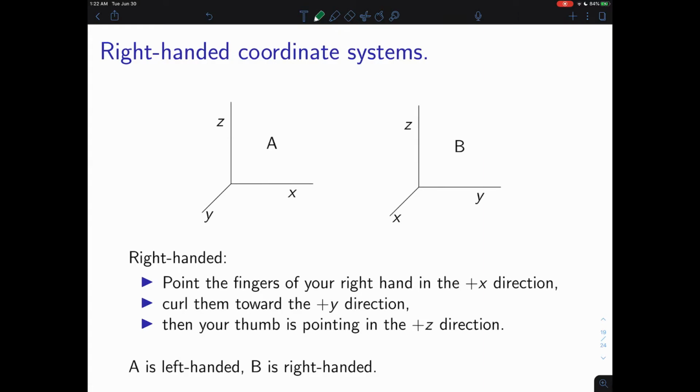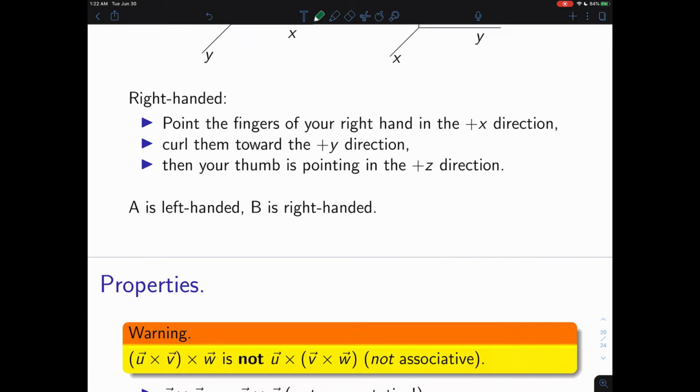If you try that with B, my thumb is pointing up. If I tried that with A, I'd have my fingers pointing in the X direction, curl them to the Y direction, and my thumb would be pointing down instead of up. So A shows Z pointing up, but my thumb ends up pointing down. So A is not right-handed, it is left-handed, but B is right-handed.